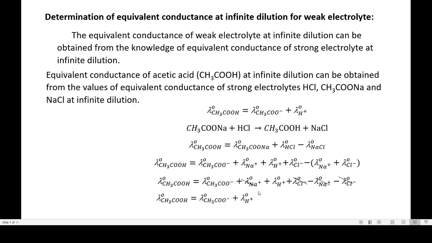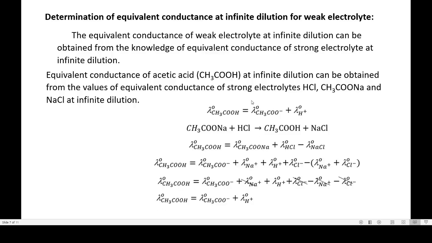So here ionic conductance of sodium ion will get cancelled and ionic conductance of chloride ion will get cancelled. So remaining is ionic conductance of acetate ion plus ionic conductance of hydrogen ion at infinite dilution, the sum of which will be equal to the equivalent conductance of acetic acid at infinite dilution.